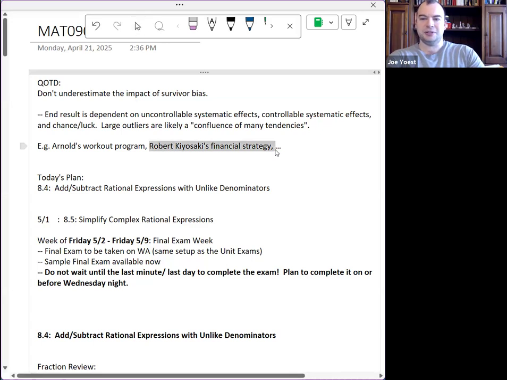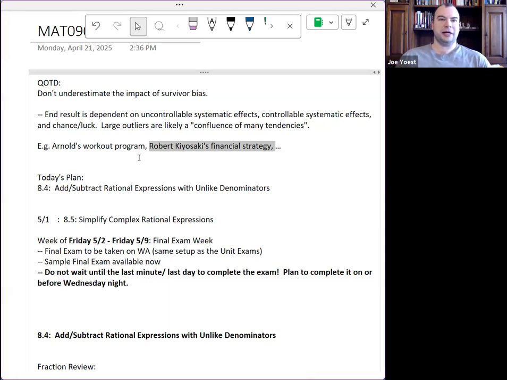Or another example is Robert Kiyosaki, the author of Rich Dad, Poor Dad, and his financial strategy. I forget if it's in Rich Dad, Poor Dad or his next book, the Cash Flow Quadrant. But basically what he describes is he went into real estate and he took out tons and tons of loans and debt.